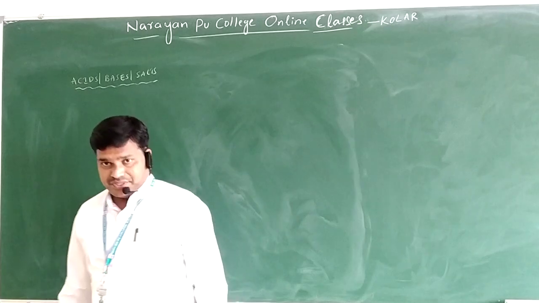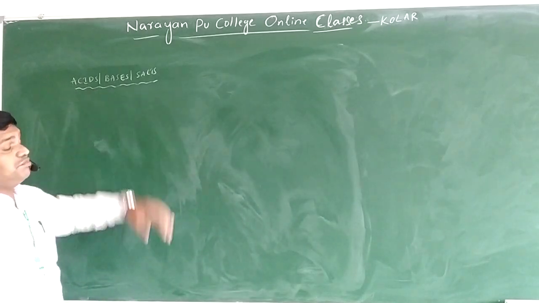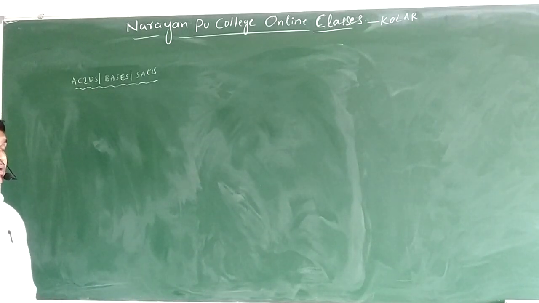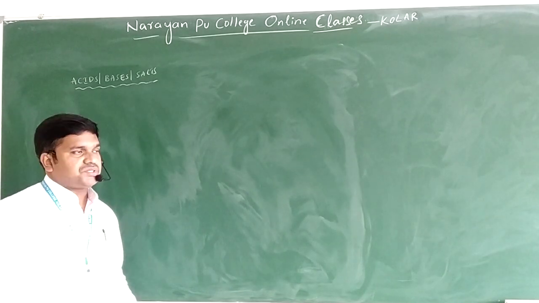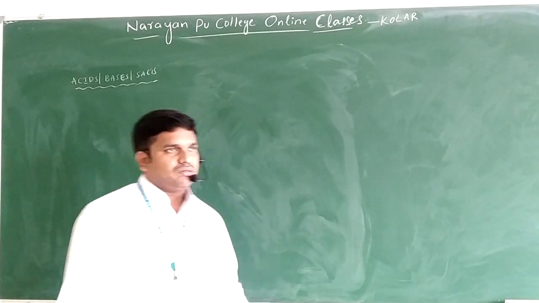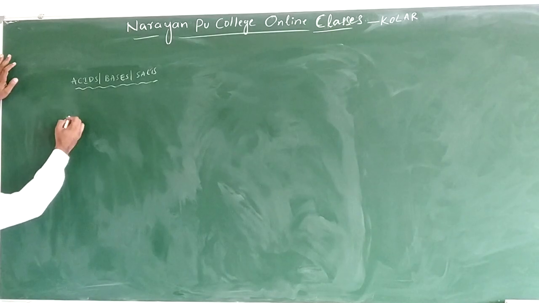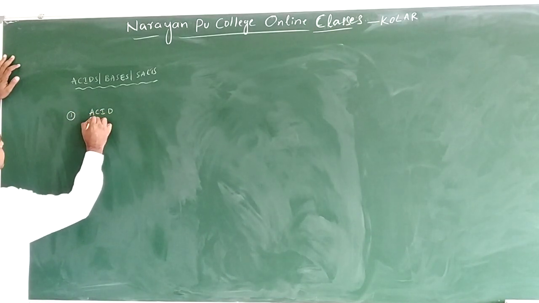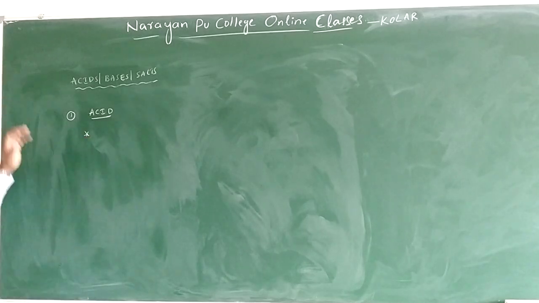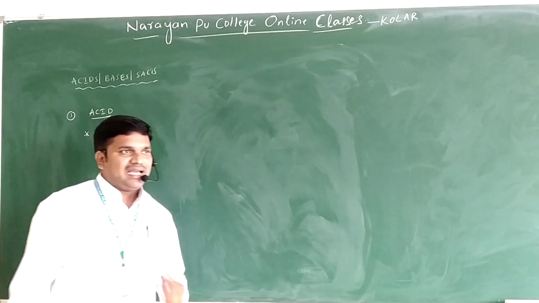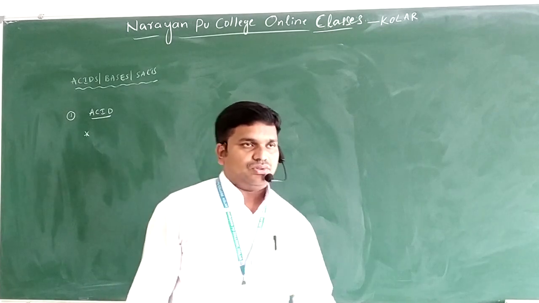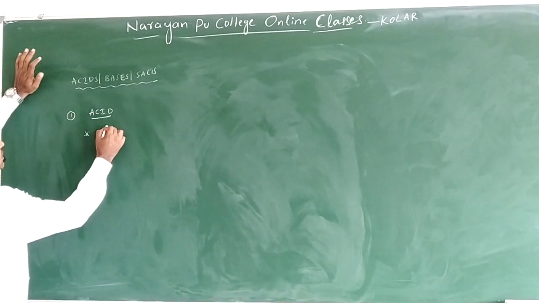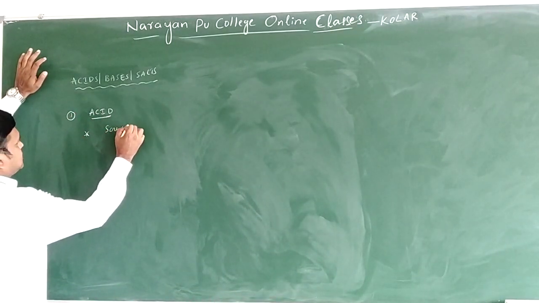So the next concept is acids, bases, and salts. You just have to know the general introductions to acids, bases, and salts. Let the first one be acid. Generally, we can see the properties of acid. Generally, acids are sour in taste.